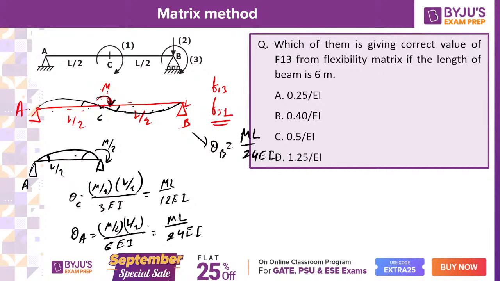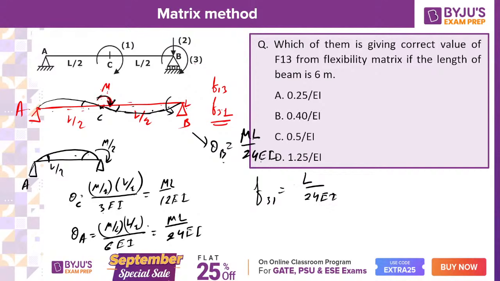Right? Now if you are going to provide a unit moment here, you are going to get the rotation in this direction. So M is 1, theta at B due to the unit load provided at C. That is F31, which is nothing but minus of L by 24EI.